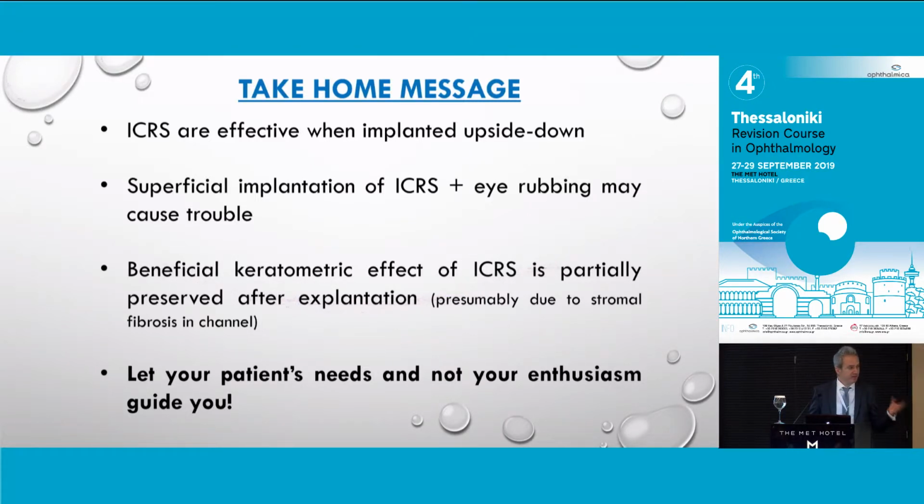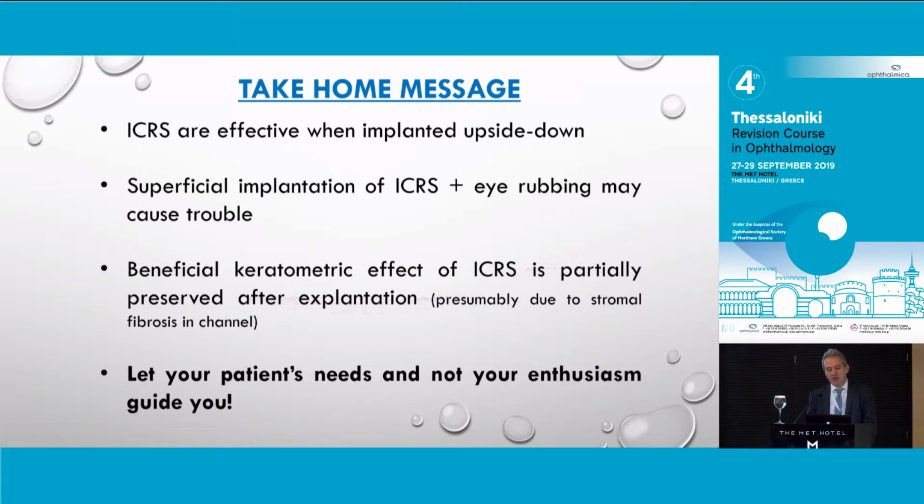Shall we explain this? There are two theories about the function of the ring. One is that they work as a spacer element within the fibrils of the cornea tissue, and the second is the barrier theory, that we just add tissue to the ectatic cornea.